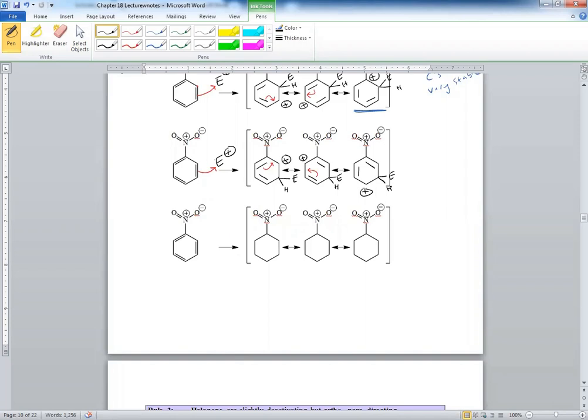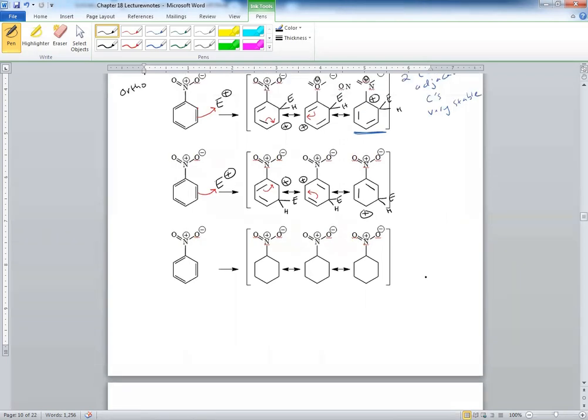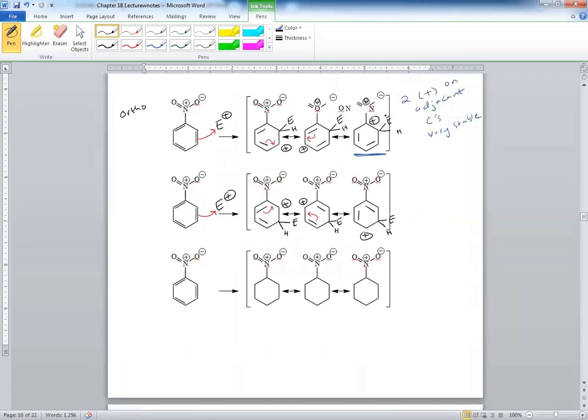So while this one doesn't have an octet, it's still better than having two adjacent positive charges. There's a positive on the N, and there's a positive on this carbon, on the nitrogen.